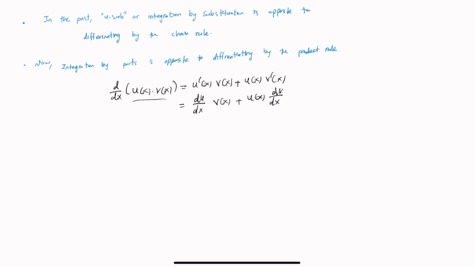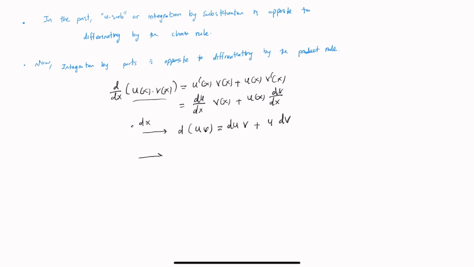Now, as the next step, I'm going to multiply both sides by dx. So the left side is going to be equal to d of uv, so I remove the x also, and then we have du multiplied by v plus u multiplied by dv.